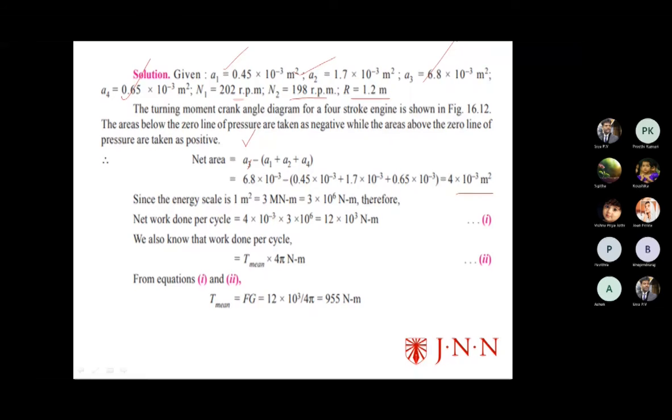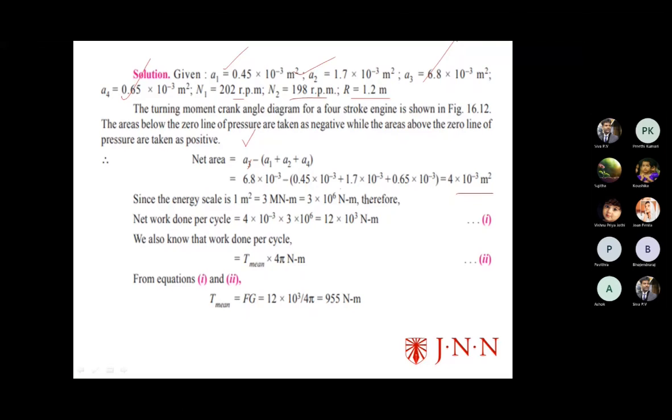But since the energy scale is 1 meter square equal to 3 mega Newton meter, that is 3 into 10 power 6 Newton meter.